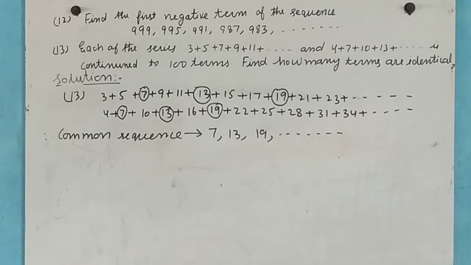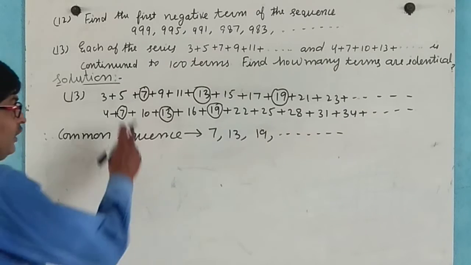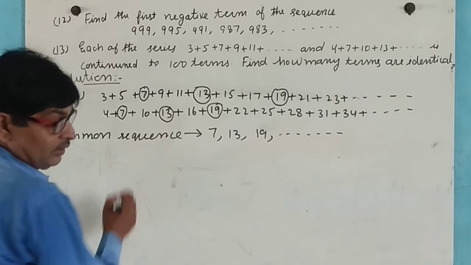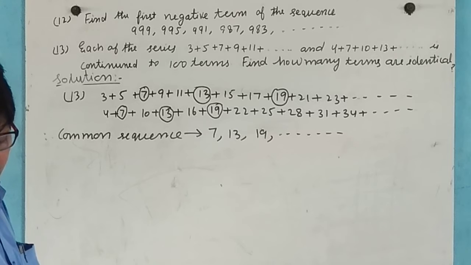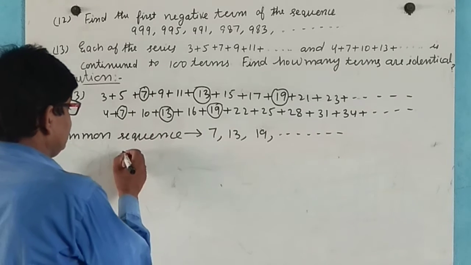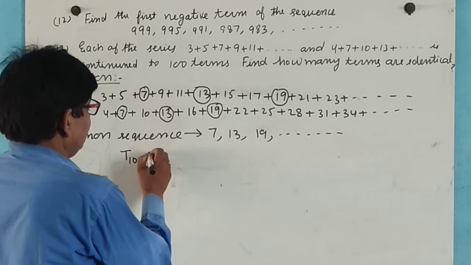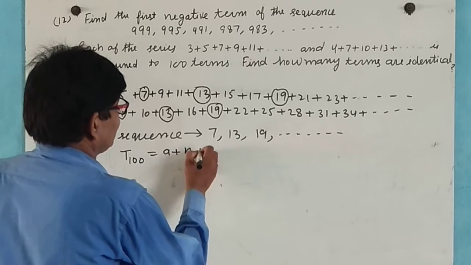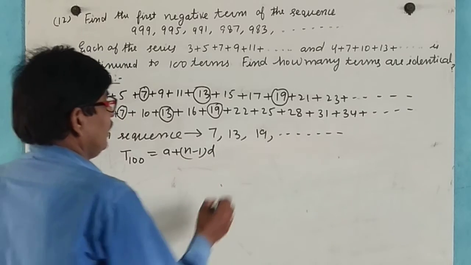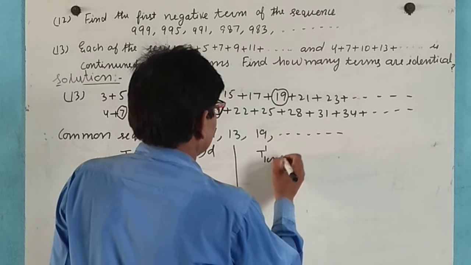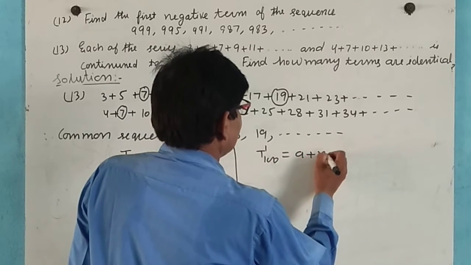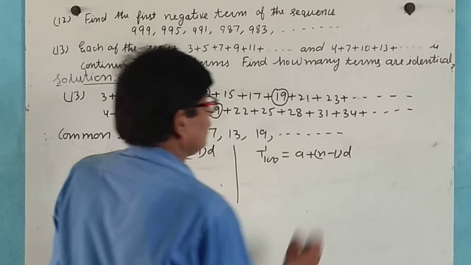How many terms are identical? Now 100 terms of this: T100 equal to A plus n minus 1 into D, and 100 terms of the other, T dash 100 equal to A plus n minus 1 into D.